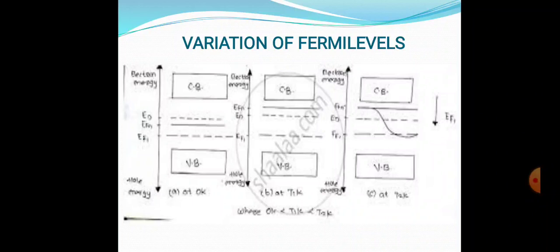This is possible by adding a large number of donor atoms, that is 10 power 28 atoms per meter cube, which will prevent the downward transition of the Fermi level towards the intrinsic energy level.